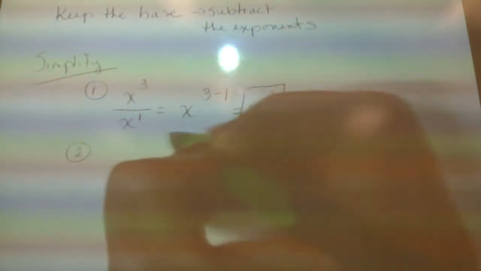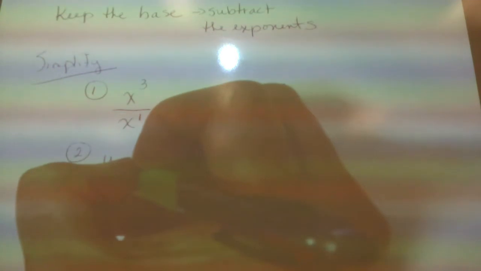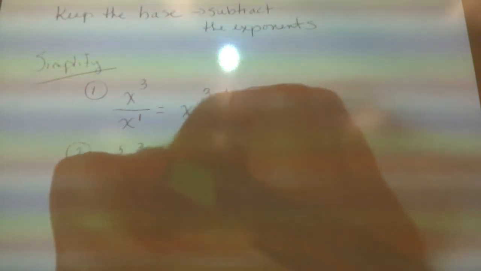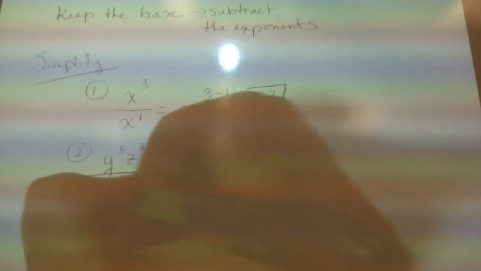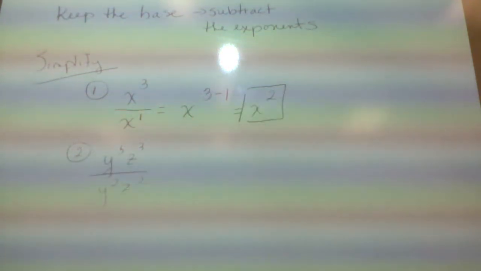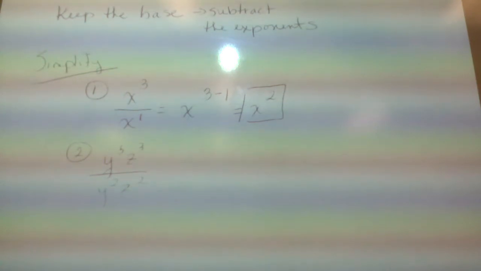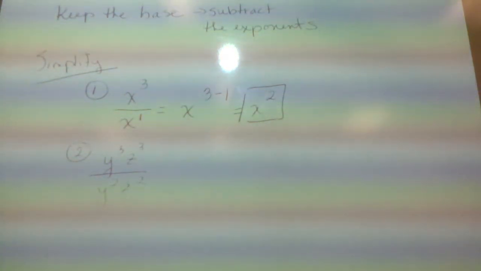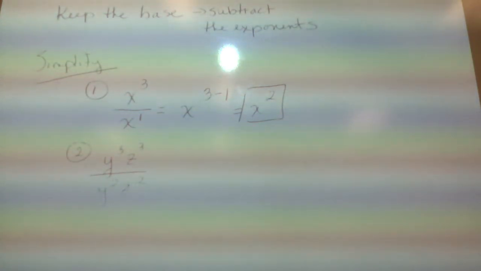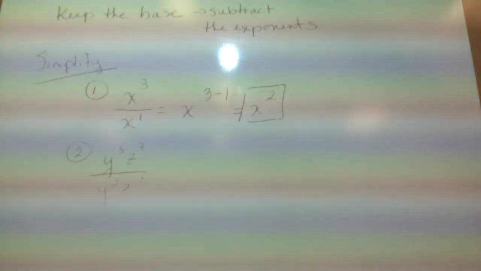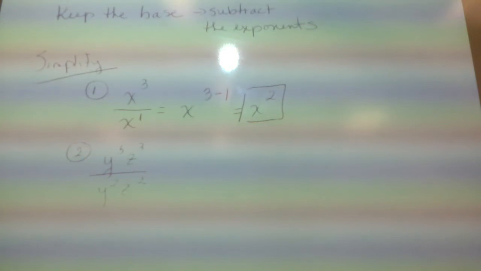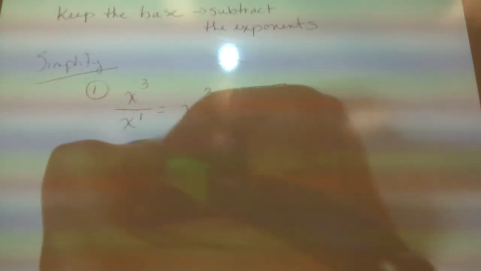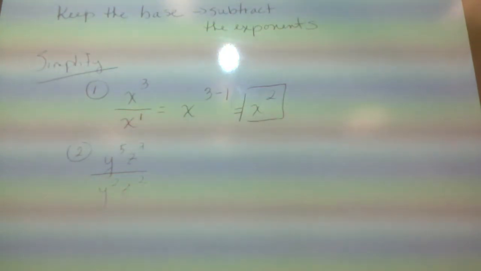Number 2. Let's take a look at when I've got 2 variables. So I have y to the 5th, z cubed divided by y squared, z squared. There are 2 variables here, so we're going to do this as 2 separate problems. I'm going to take a look at the y's and subtract those exponents, and then look at the z's and subtract those exponents.